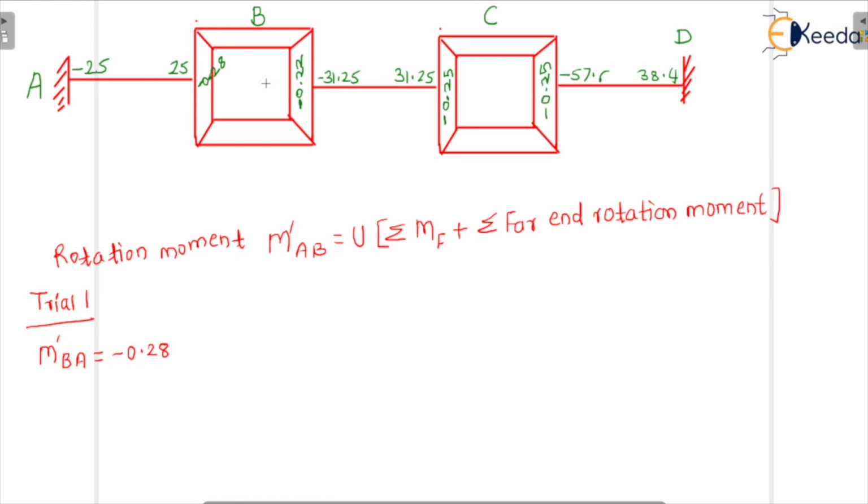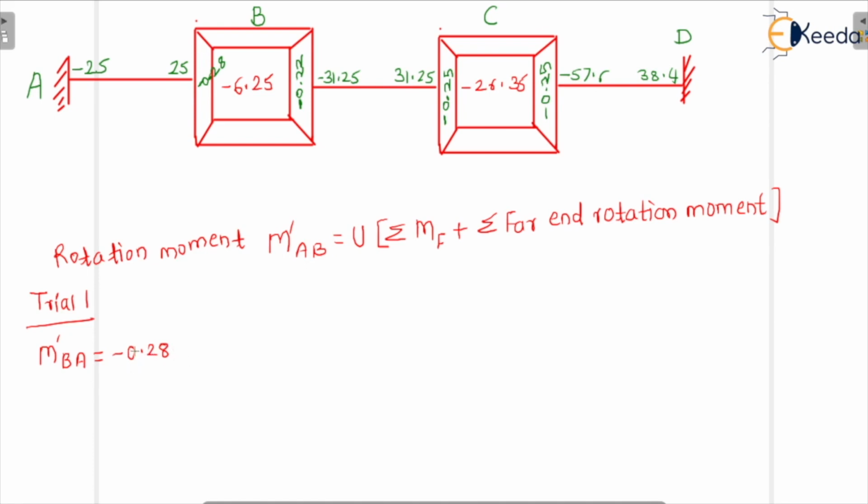We used to do it in the moment distribution method. So when you add these two moments, you get the answer minus 6.25. Similarly, for these two moments, 31.25 minus 57.6, we get minus 26.35.